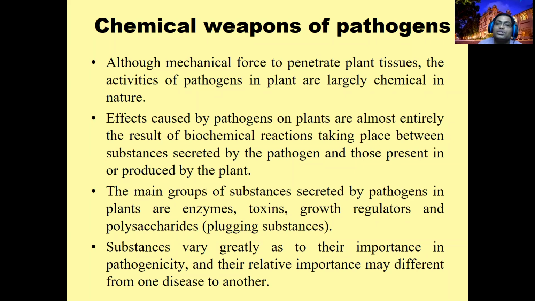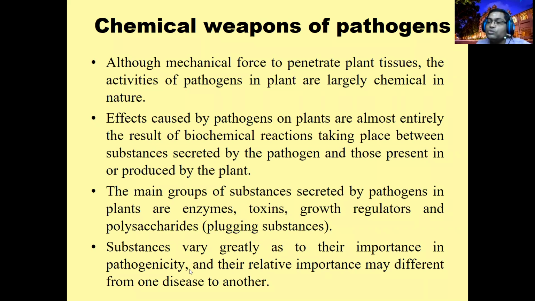Right? So these chemical weapons are important in deciding the pathogenicity of a particular pathogen. If the enzymes are overwhelmed by the host defense, then the pathogenicity is less. Toxins are very potent and very toxic, and can overwhelm the defense of the host. So pathogenicity is very high.